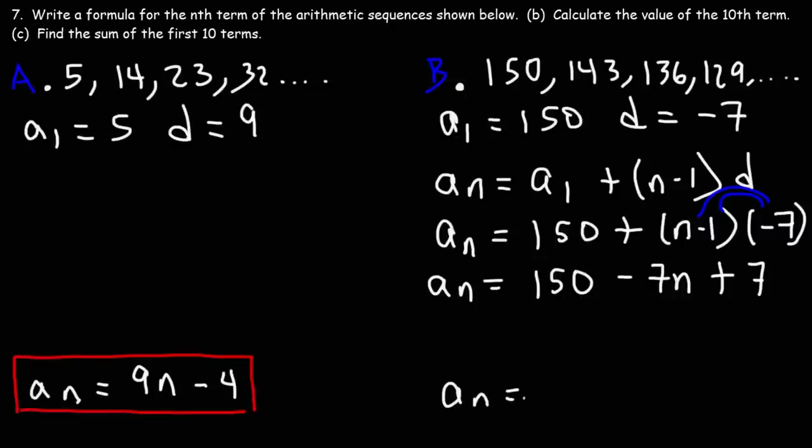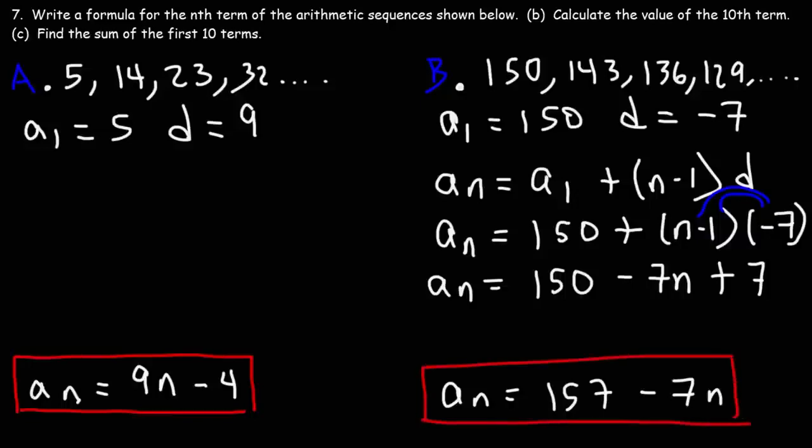So a sub n is going to be negative 7n plus 157. Or you could just write it as 157 minus 7n. So that is the formula for the nth term of the arithmetic sequence.